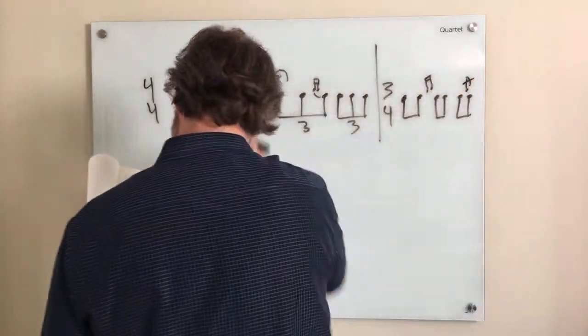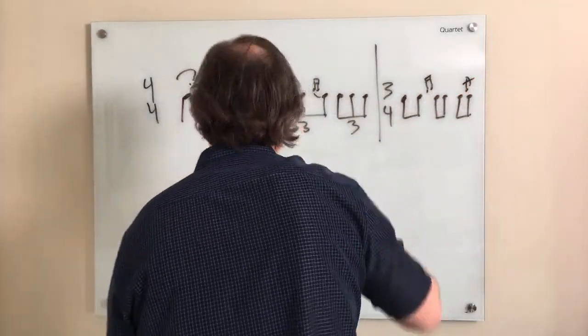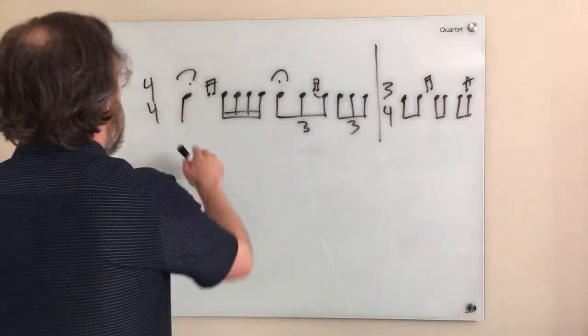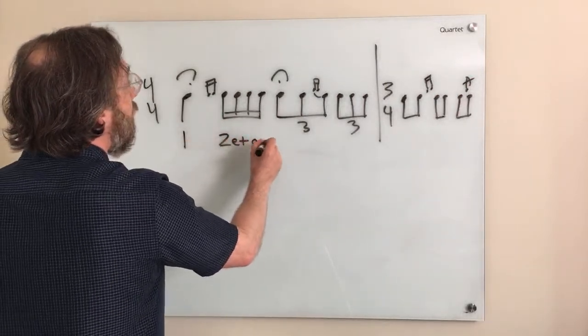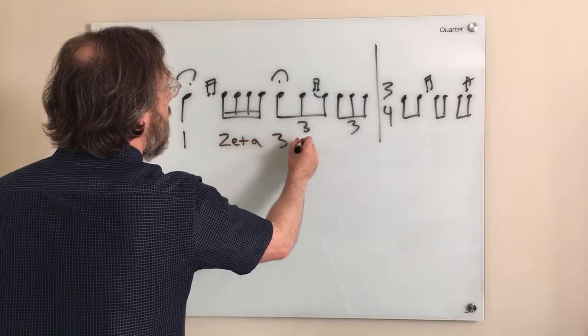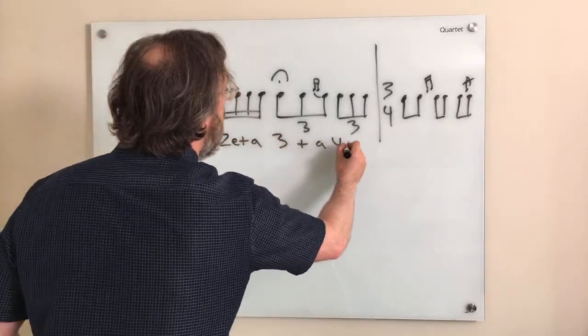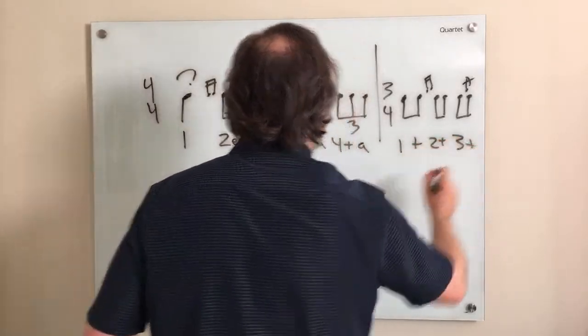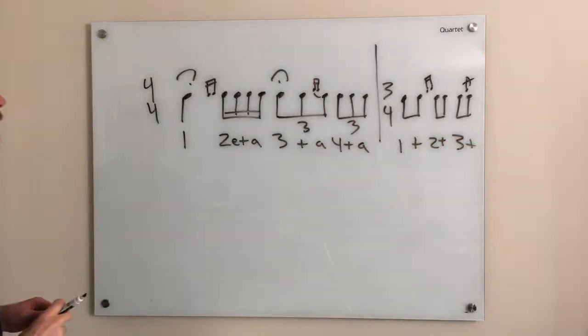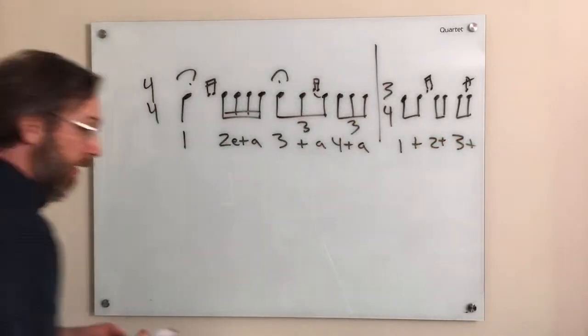All right. So let's take a look at least at the first 2 measures. So we got beat 1, 2 E and 3 and 4 and 1 and 2 and 3 and, right? So that's how I would mark out the beats.